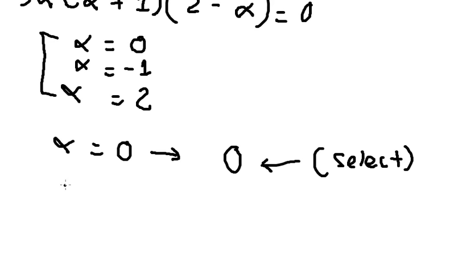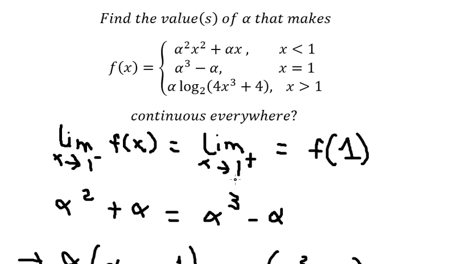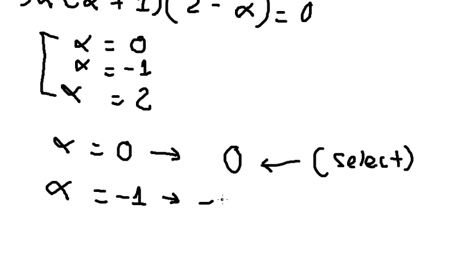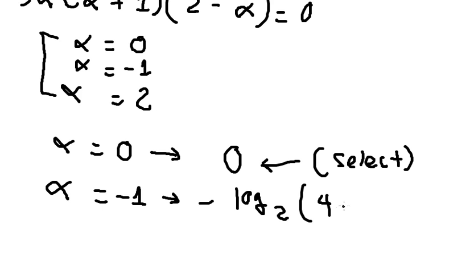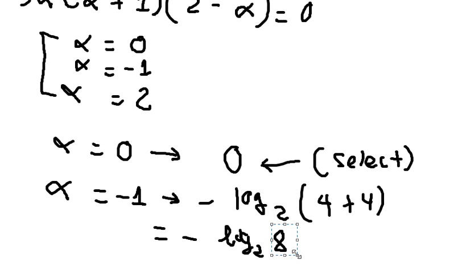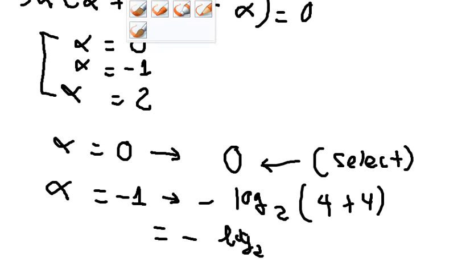the next one, alpha equals negative 1. So we put negative 1 in here, and we put 1 in here. So we simplified. And we know that 8 is 2 to the power of 3.